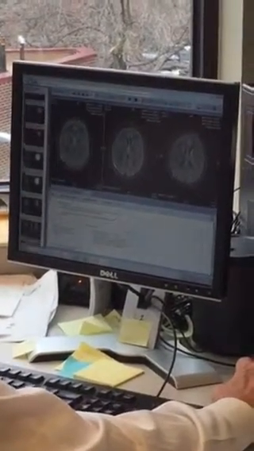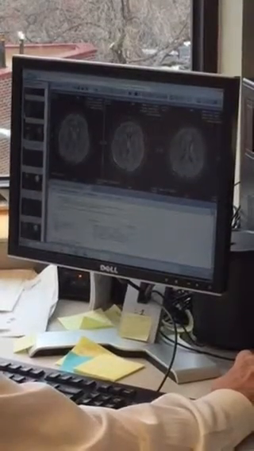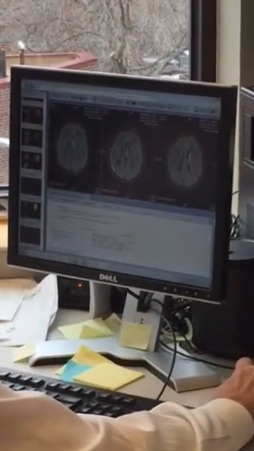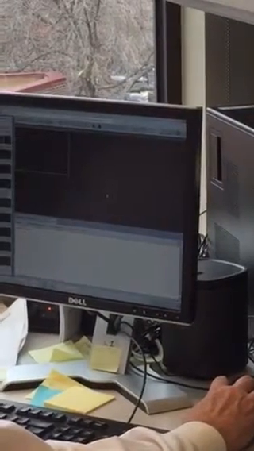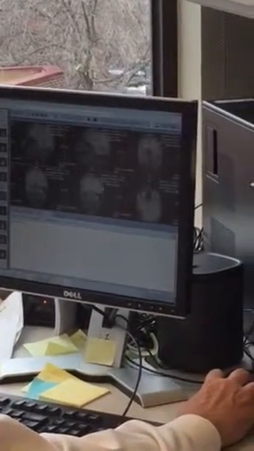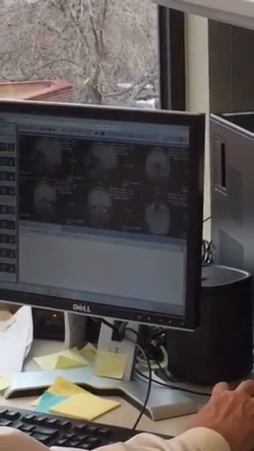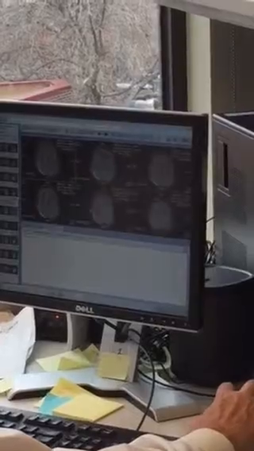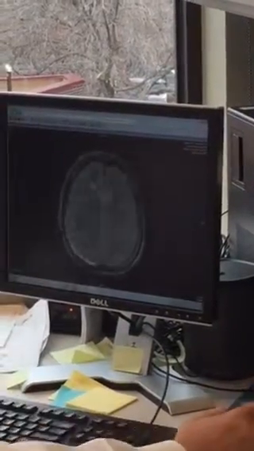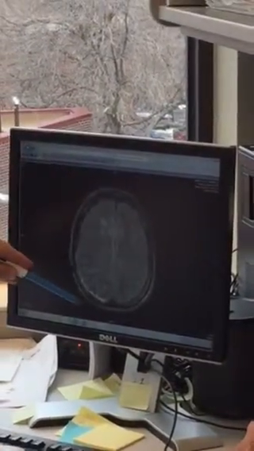So I'm going to go up here and let's see if I can pull up your MRI from 2-4. Let's start down here. See that blood?